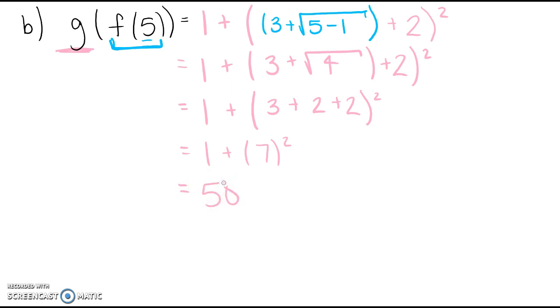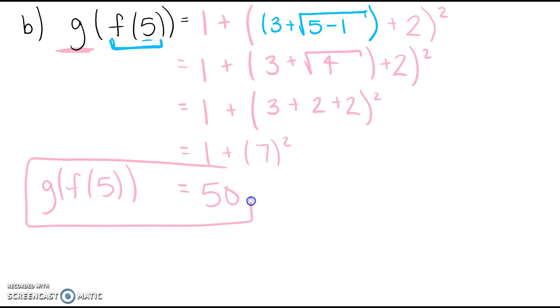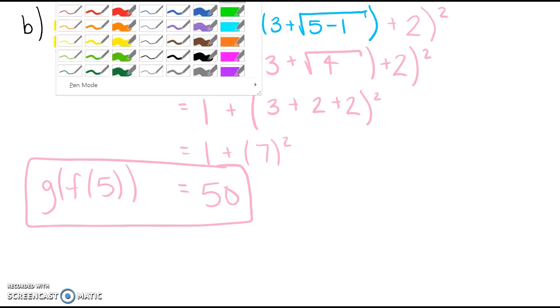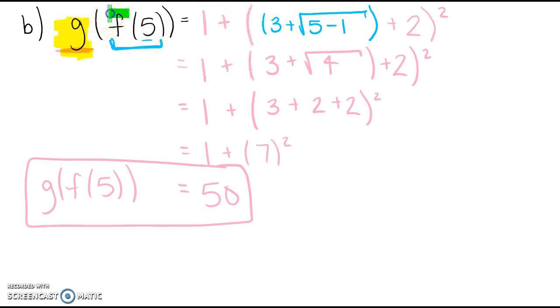So my final answer, g of f of 5, is 50. Okay, so all we're doing, remember, recapping, is we're doing the same thing. We have g, and all we're doing is we're replacing the x value with f of 5.